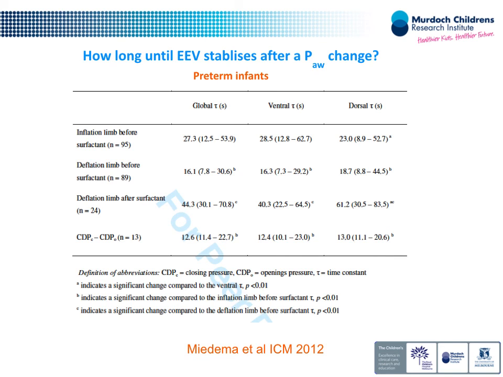You can see that the time constant was quite quick and influenced by whether you're in the recruiting phase, where you've still got lung units recruiting, or the deflation phase, where they're all behaving the same. It was much quicker in the deflation stage, and it was influenced by giving surfactant. So in the pre-surfactant lung, roughly the time you need at each mean airway pressure step is about 2 minutes. That's the take-home message here.